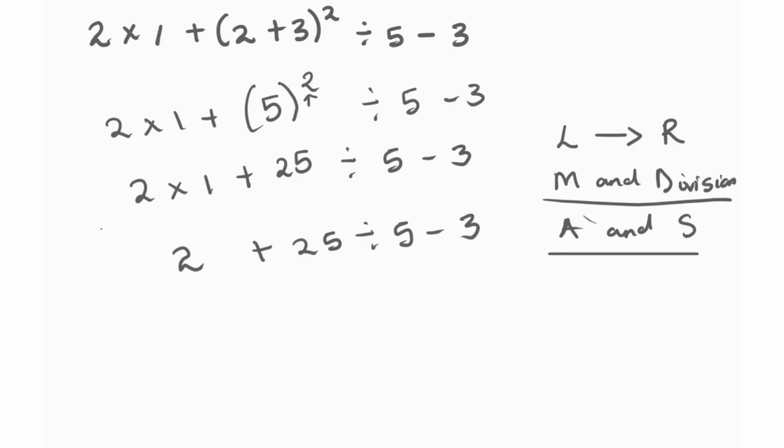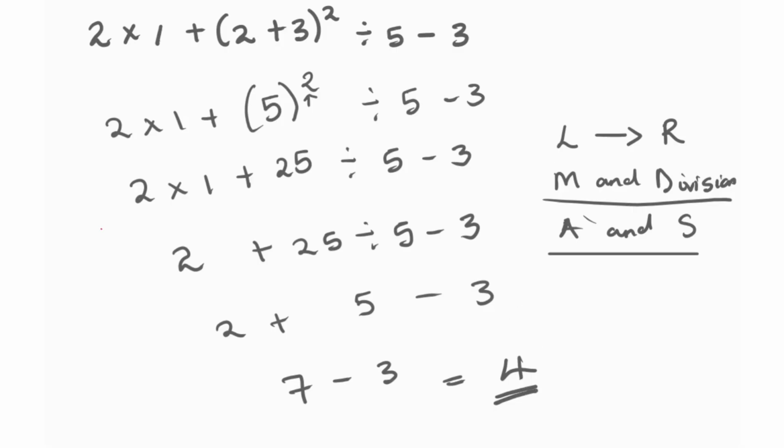Since we no longer have multiplication, the next thing we have to deal with is the division. So here we'll get our 5, and then 2 plus 5 minus 3. So 2 plus 5 is 7, minus 3, which equals 4, right?